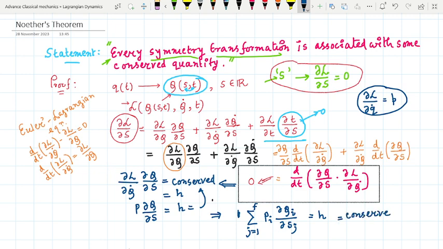So H is the physical parameter resulting out to be conserved for the symmetrical transformation about s.